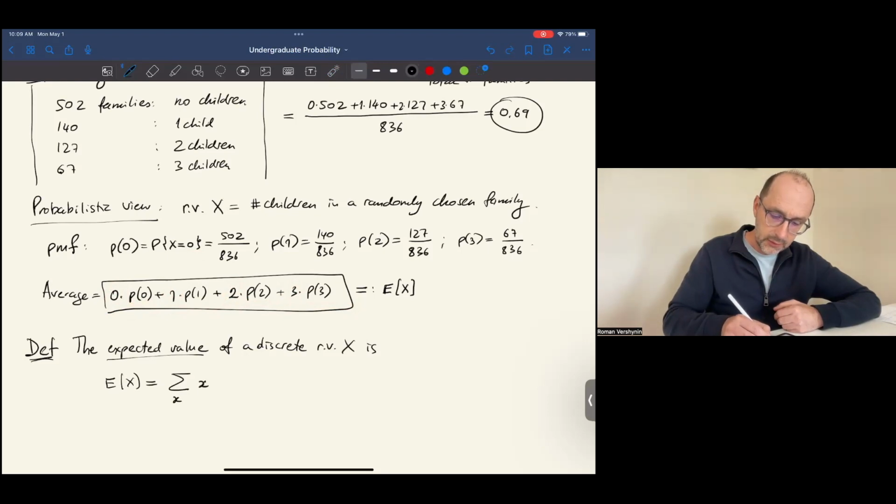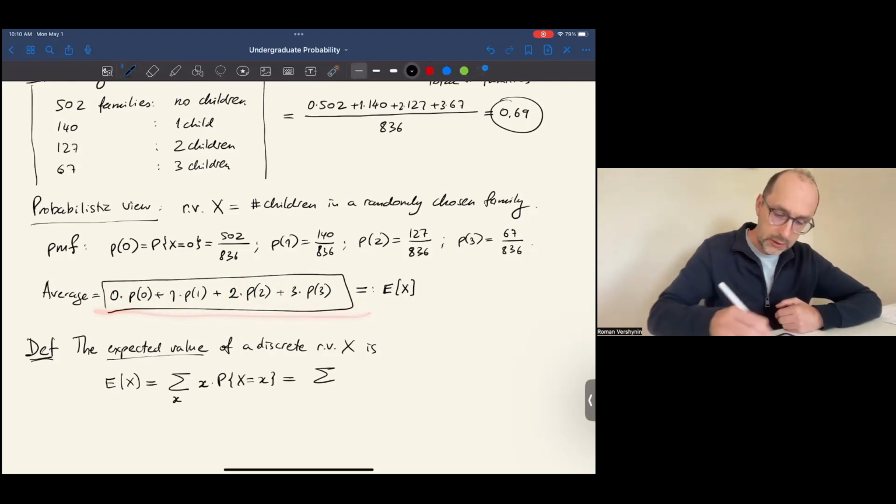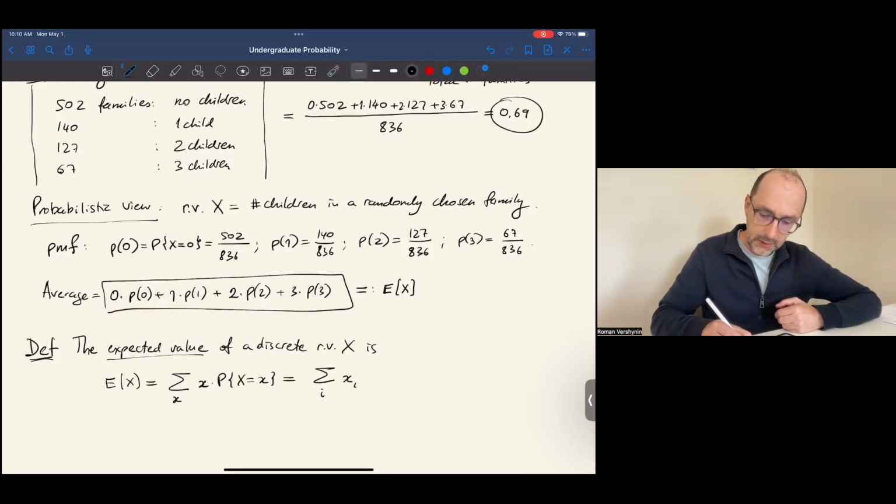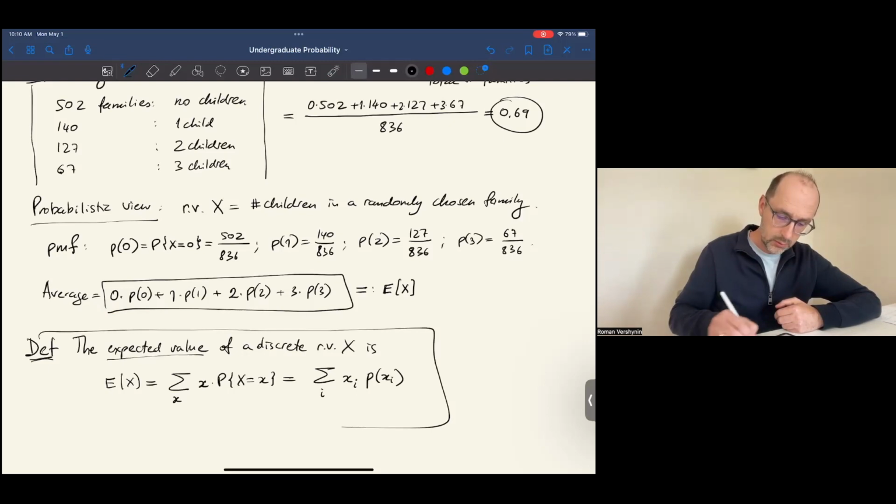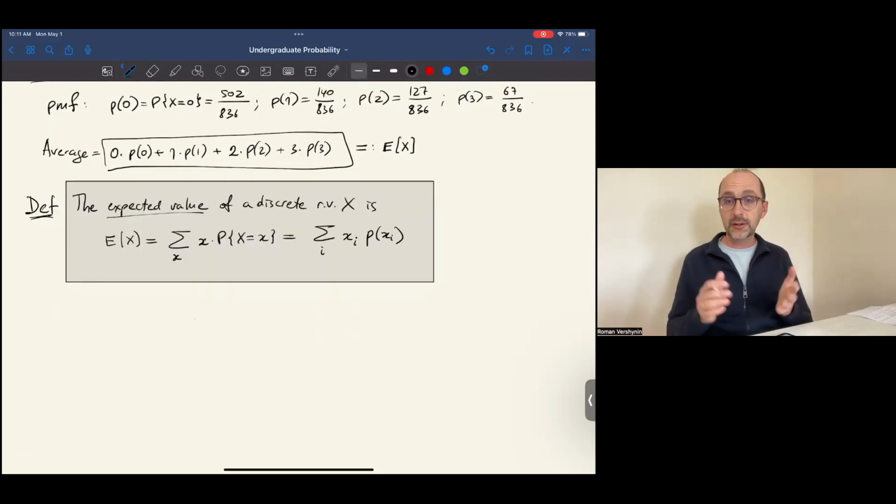So it's x times the probability that x takes this value, or in terms of PMF, just like we wrote here, we sum over all possible values xi times the probability that x takes that value. This is a general definition of the expected value of a discrete random variable x.